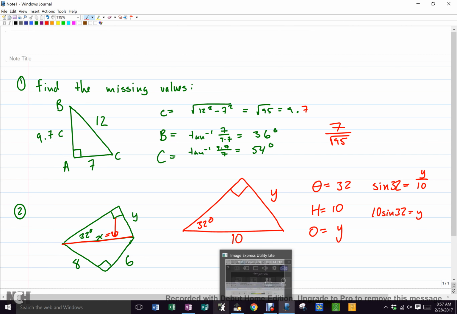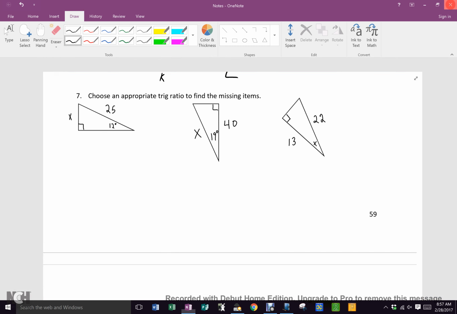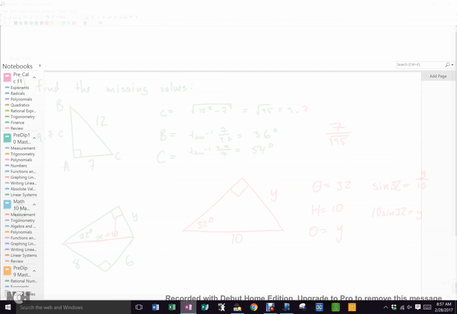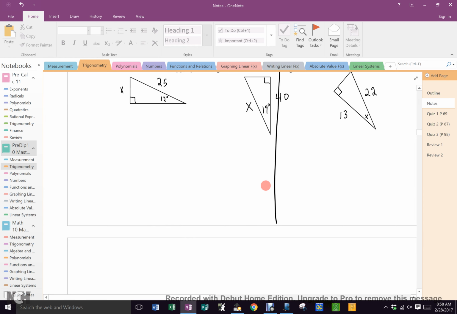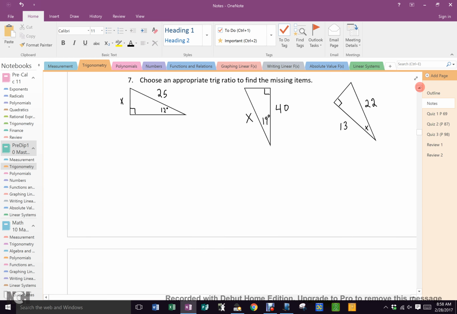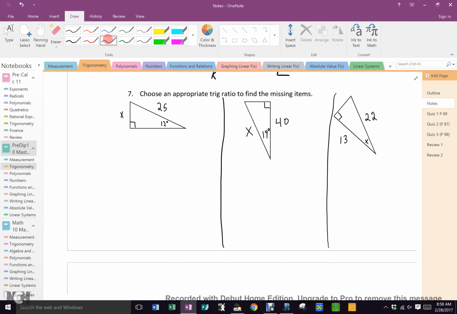So let's go back to our notes, which we have right here. Let's start with this first one. What do I have for the first one?